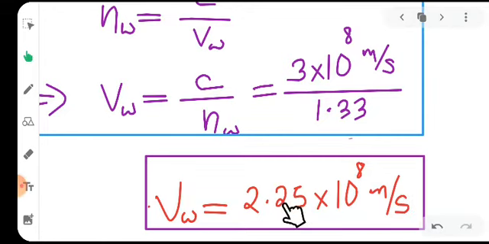Since this is scientific notation, I am writing it in this manner. So it's less than the velocity of light in vacuum, obviously, because it is 3 lakh kilometers per second and it is only 2.25 lakh kilometers per second.